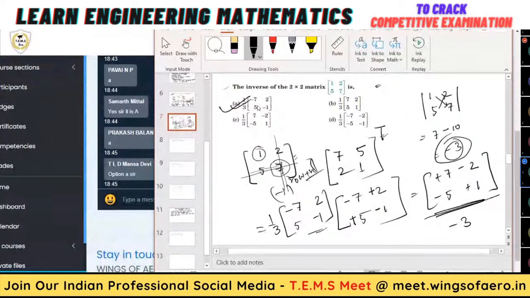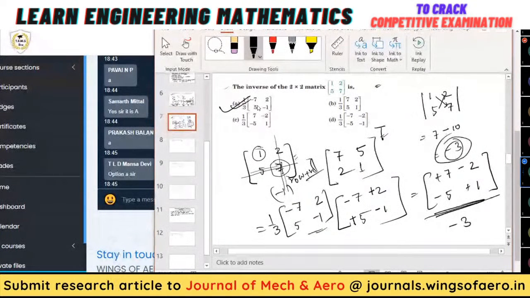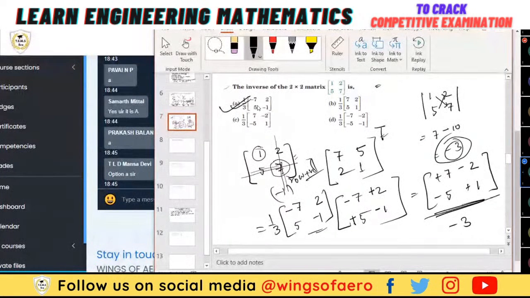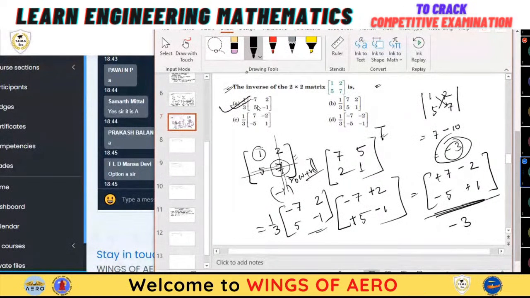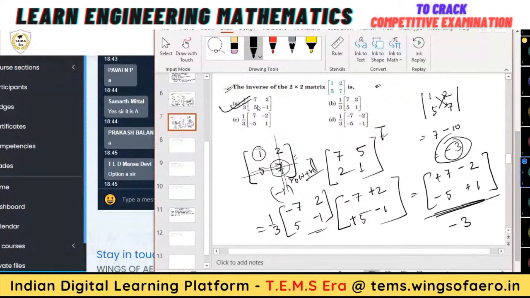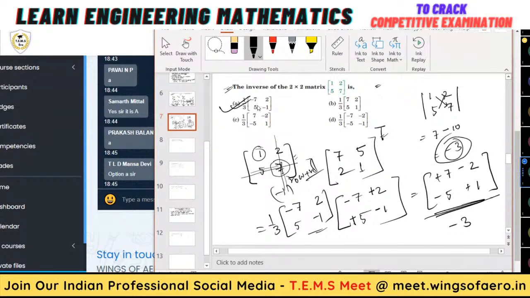But if it is a large matrix, I don't think that kind of question will appear in the GATE exam. This kind of question is very easy because this is a GATE question. I will discuss the cofactors and cofactor matrix later, but first let me discuss all these GATE questions.